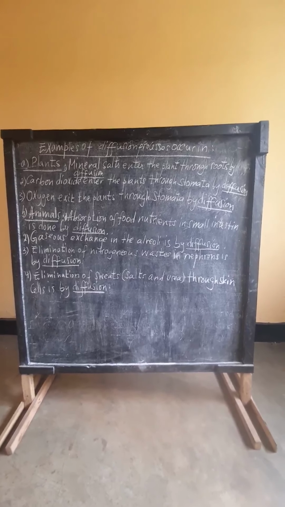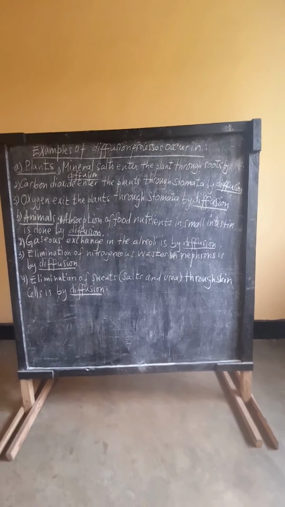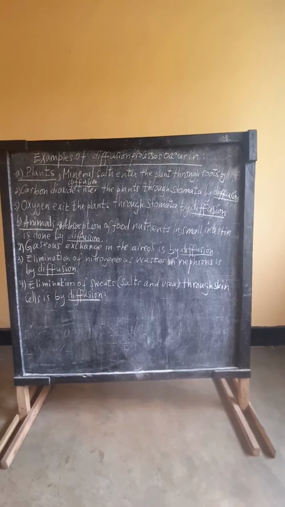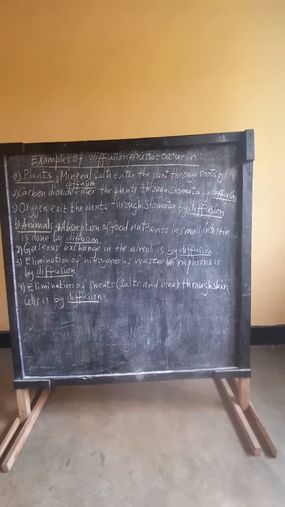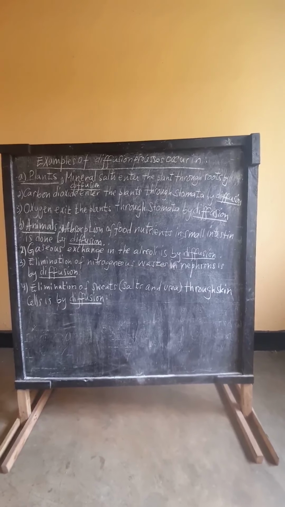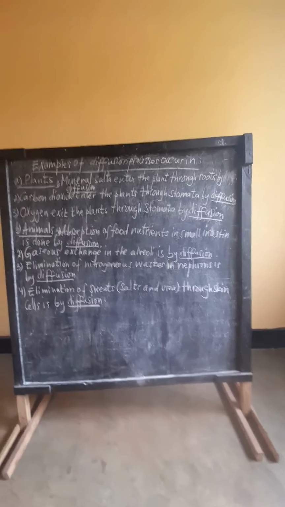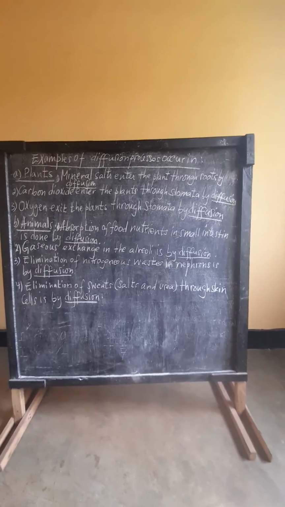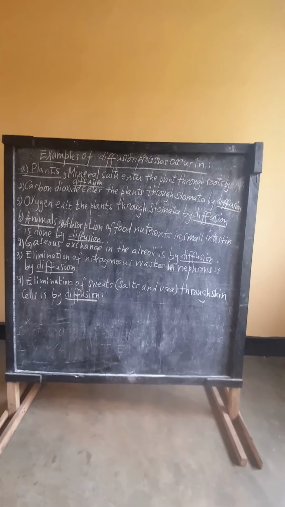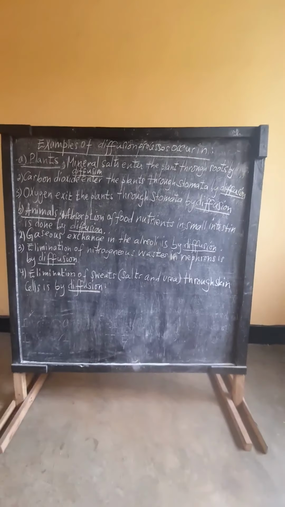The fourth one is elimination of sweat. Of course, in sweat we have different components, we can say salts and urea, even water. The reason why we sometimes call sweat dilute urine is that sweat has the same contents as urine: salt, urea, and water.